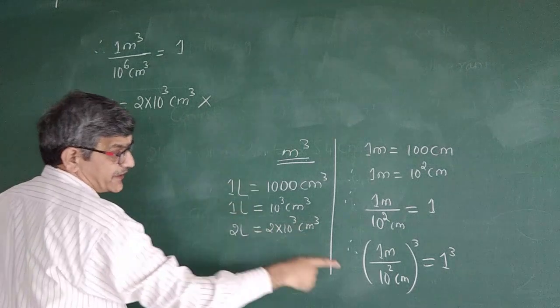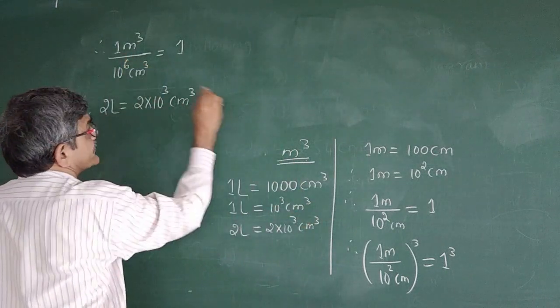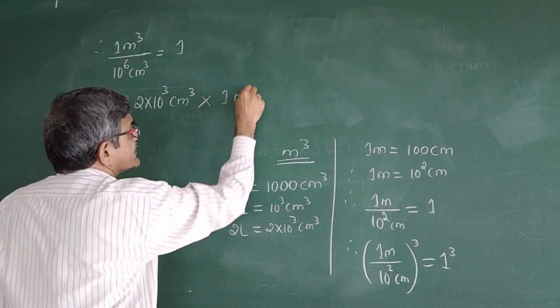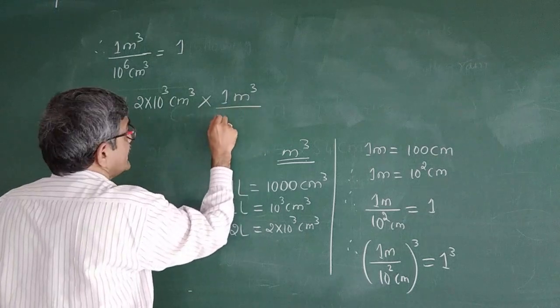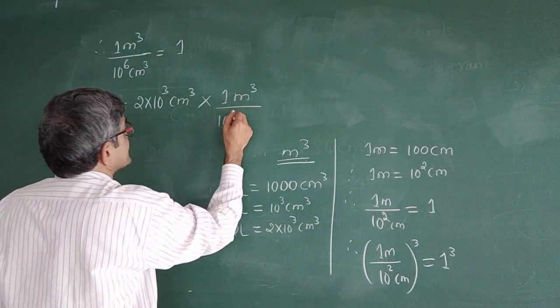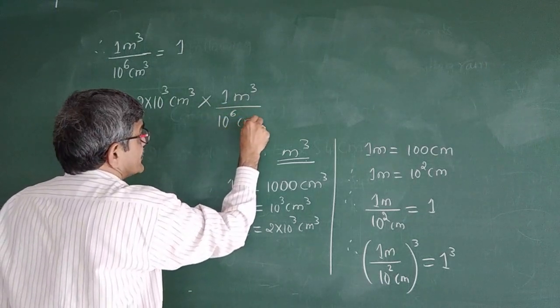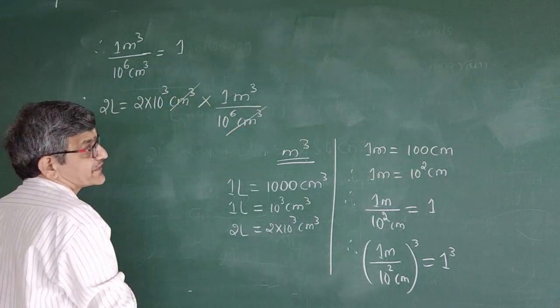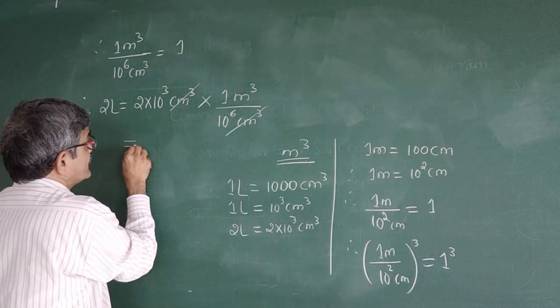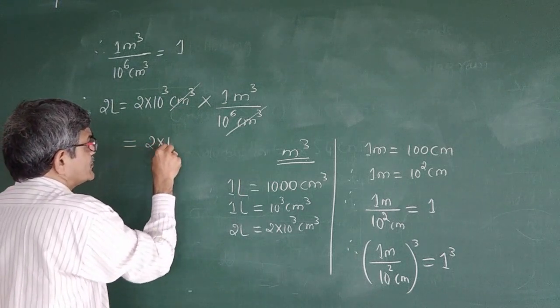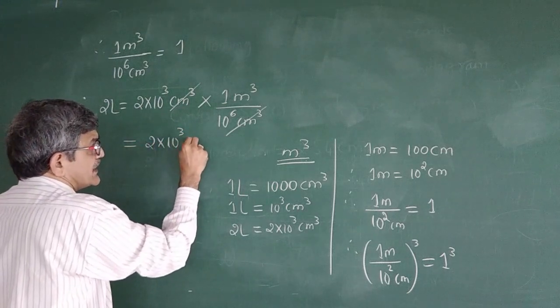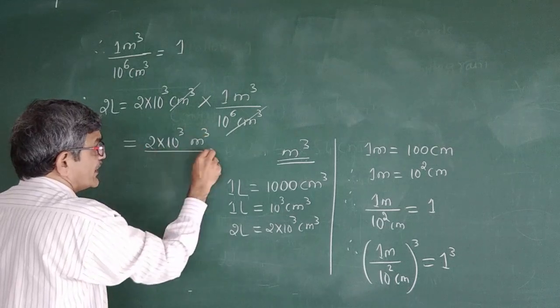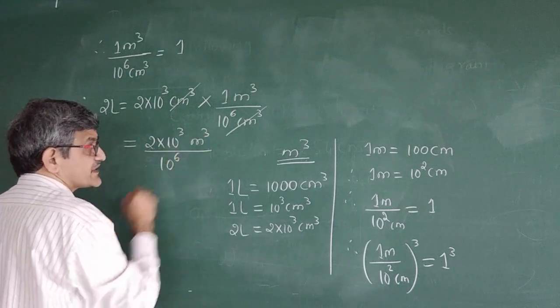The unit factor is this one: 1 meter cube divided by 10 raised to 6 centimeter cube. Again, I know centimeter cube cancels. So what is left now? That is nothing but 2 into 10 raised to 3 meter cube divided by 10 raised to 6.